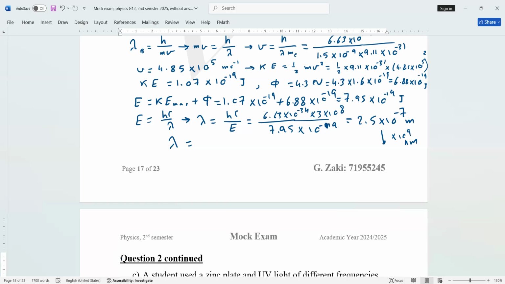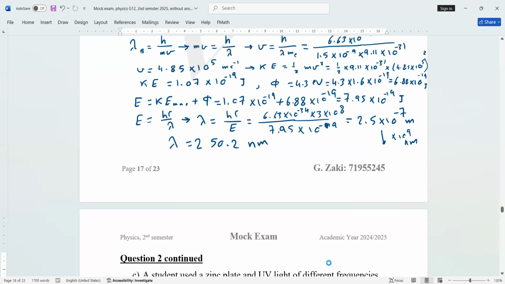So the answer is 250 nanometers. Then we can decide which region it is.